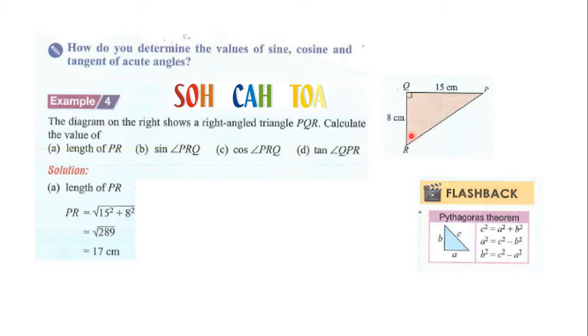To determine the value of sine, the trigonometric ratio is sine equals opposite over hypotenuse. So angle is at R, opposite is 15. This is QP over hypotenuse PR. Therefore, sine angle PRQ equals 15 over 17.